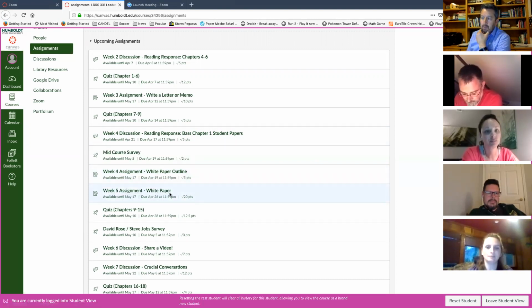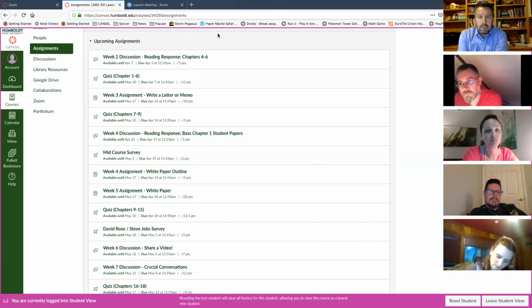A white paper is a research paper. It's an informative paper, and it's used in government to inform leaders on certain areas that they need to make decisions on.